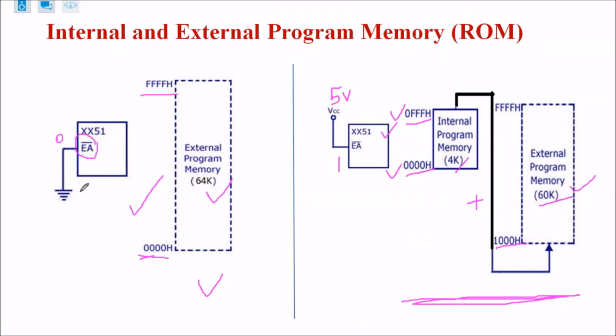EA bar is external address enable. It is a hardware pin, so we have to connect it either to ground or to VCC to select the ROM memory configuration. Connect it to 0 if we are going to use the whole memory as external memory, and connect it to logic 1 when you want to use a combination of internal ROM and external ROM memory. Maximum memory in both cases you can interface is 64 kilobytes.